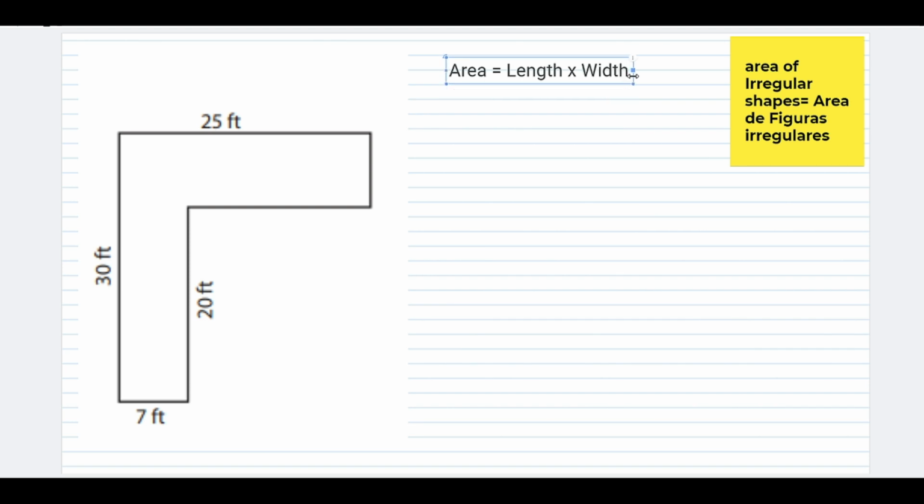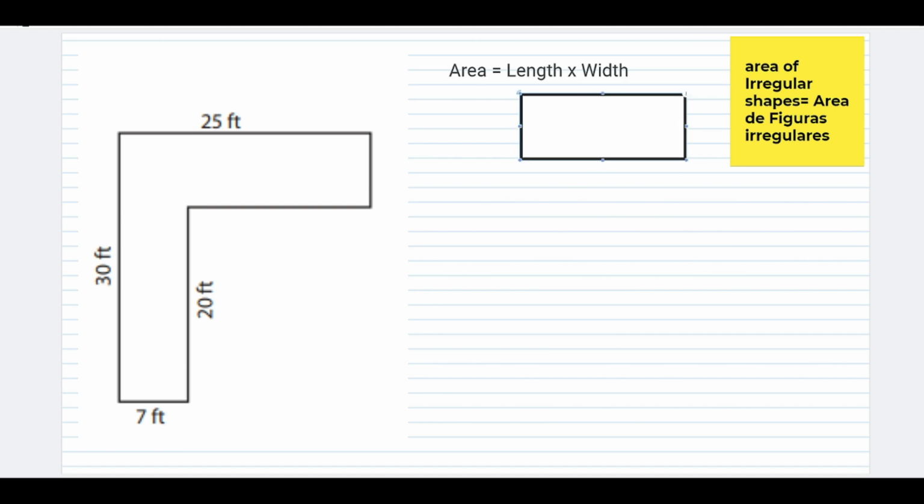But that happens when we are calculating the area of regular shapes, the ones that are easy to work with. Let's do it in this rectangle.